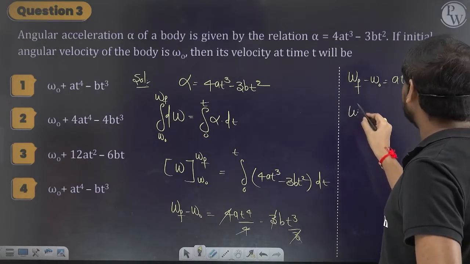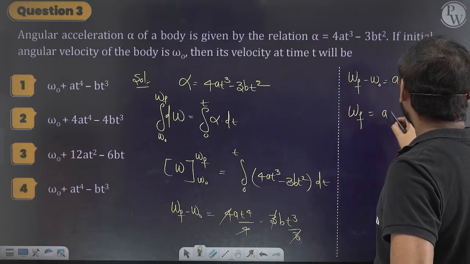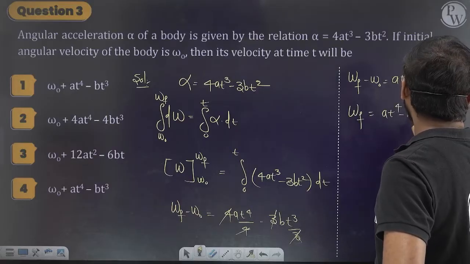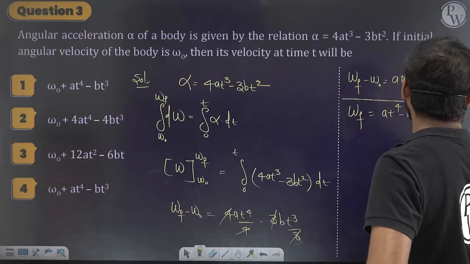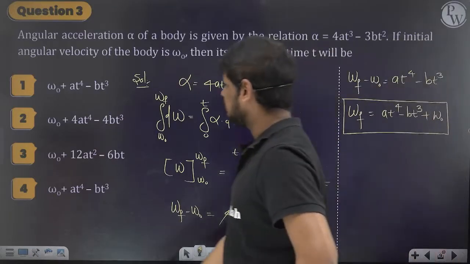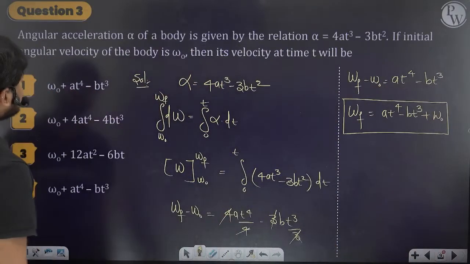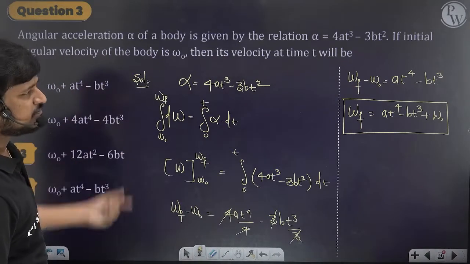So omega final will be a t to the power 4 minus b t to the power 3 plus omega naught. This is the correct one.